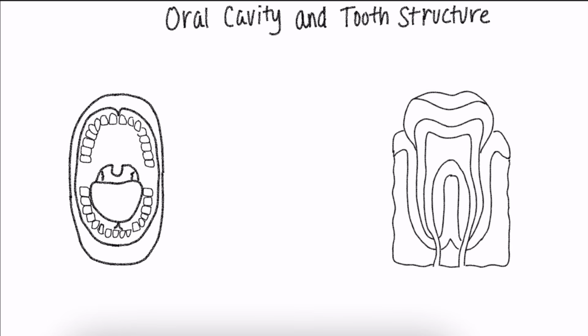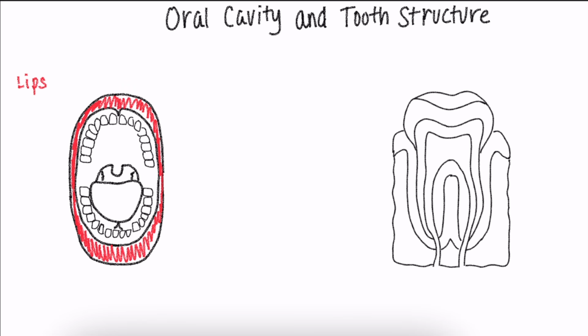Let's look at the oral cavity, the parts of it, and then the structure of a tooth. We will start by coloring the lips red on this mouth over here. So these are the lips.